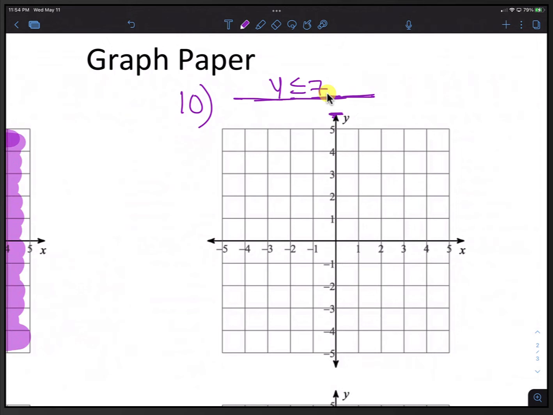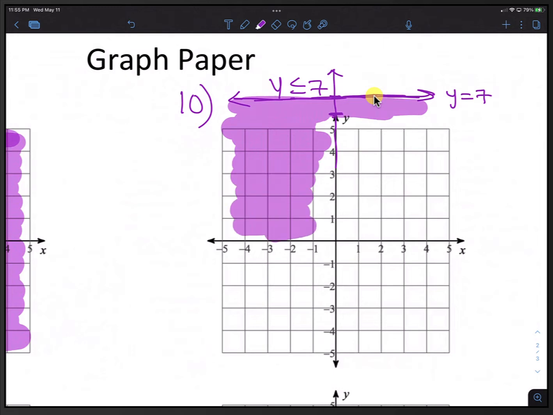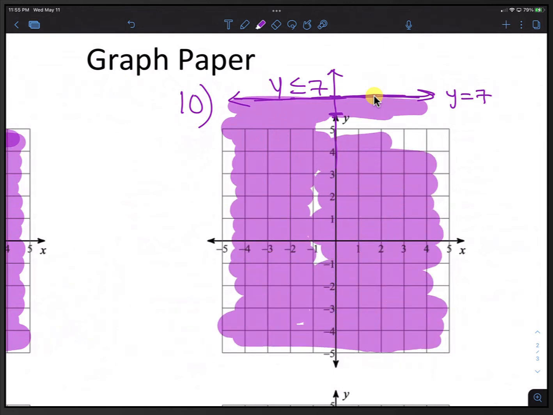So go all the way up here to 7, and you have this horizontal line. Okay, so that's the line y equals 7. Now, if it says y is less than or equal to 7, that means it has to be everything below 7. So we're going to end up shading everything below this line. So all of this space is our solution.